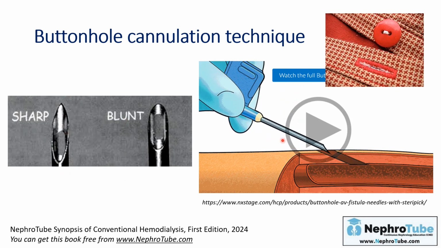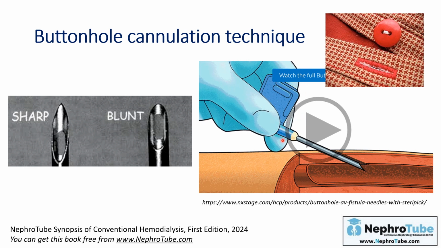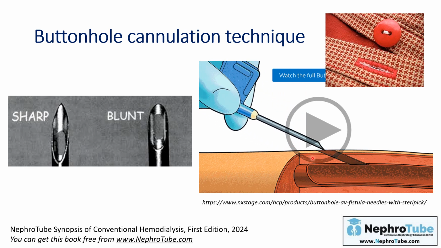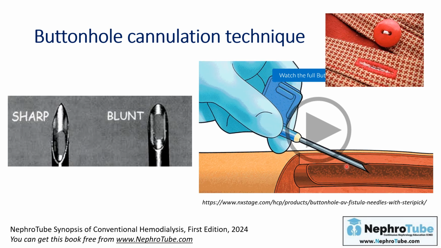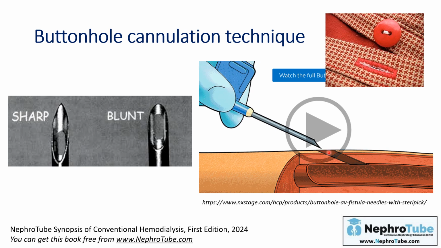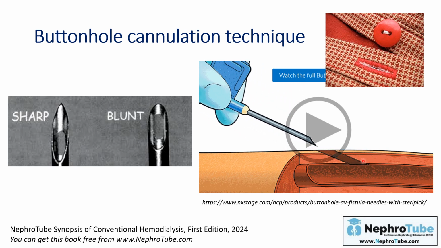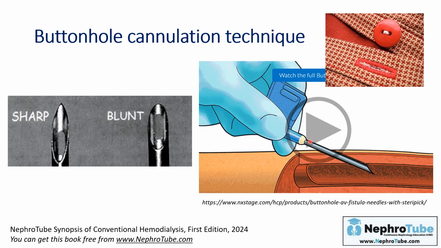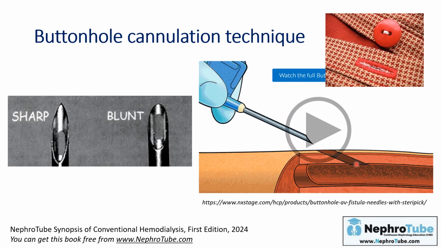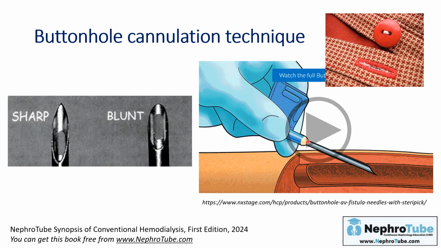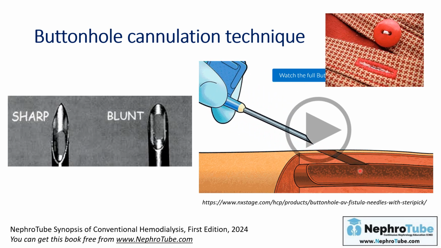With this sharp needle, each time you have to puncture the fistula at the exact same point, at the same angle, at the same needle tract, and at the same penetration depth every time. This will help in the creation of this tract.